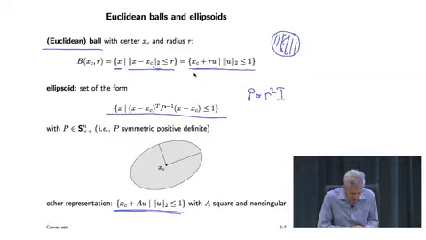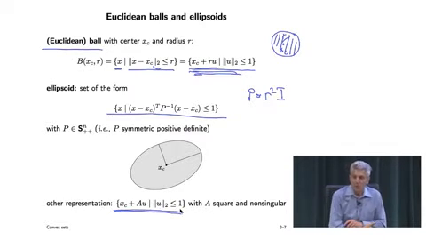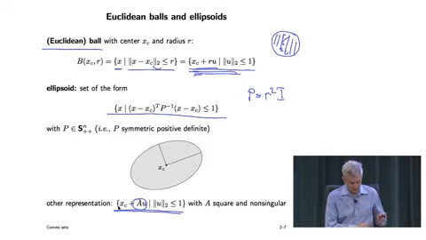The generalization of this representation for a ball is this one. It says it's the set of xc plus Au, where norm u is less than 1. So you could even say it's the set of all things of the form xc plus a matrix A times u, where u is in the unit ball. So it's a linear transformation of the unit ball plus an offset, which is the center. Okay, so that is a representation.